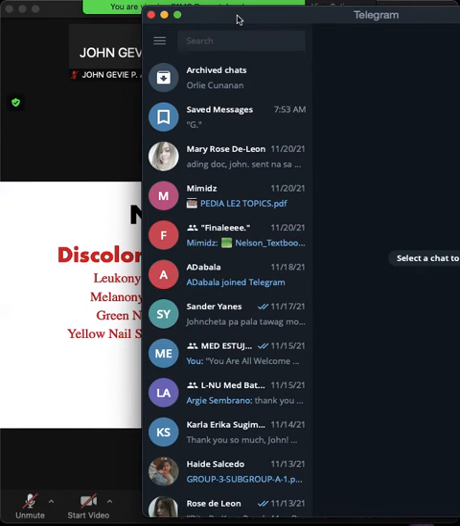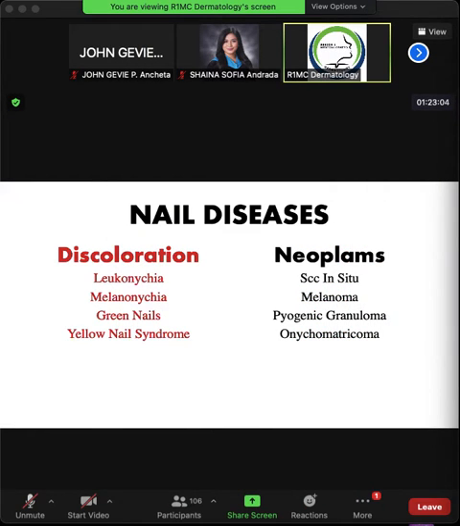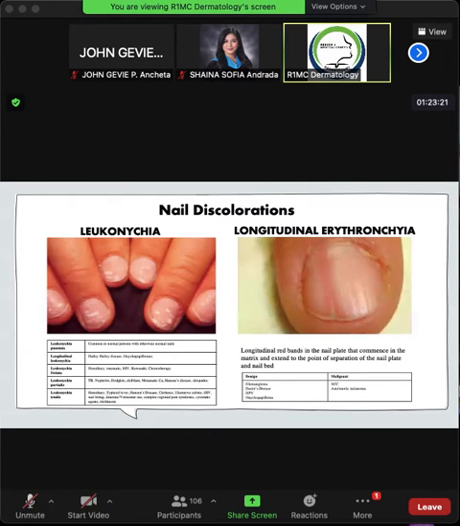Next, we discuss nail diseases. We just categorize your nail diseases into nail discoloration and nail neoplasms. So for your nail discolorations, we have your leukonychia.